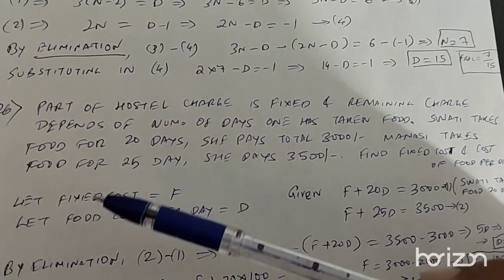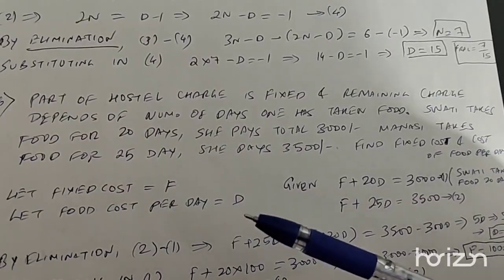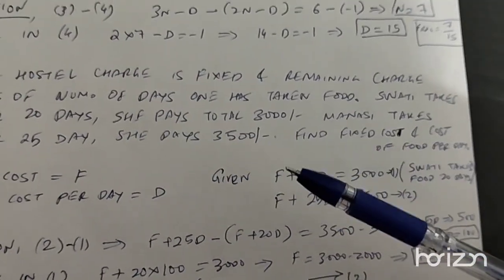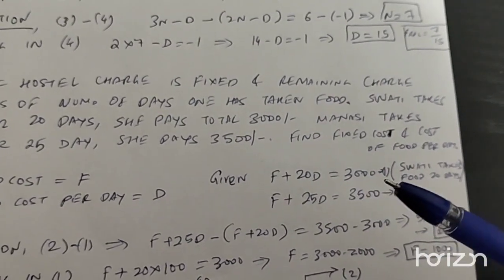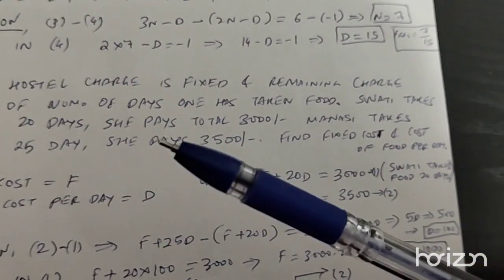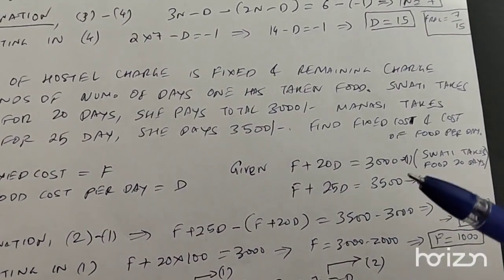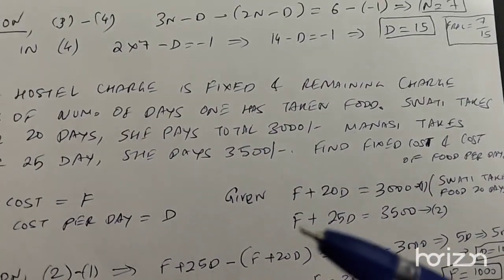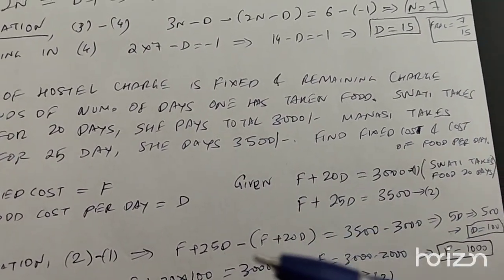Okay, let the fixed cost be F and let the food cost per day be D. For the first girl, she took food for 20 days, so F plus 20D is equal to 3,000. For the second girl, she took food for 25 days, so F plus 25D is equal to 3,500. Now simply subtract the first equation from the second equation.